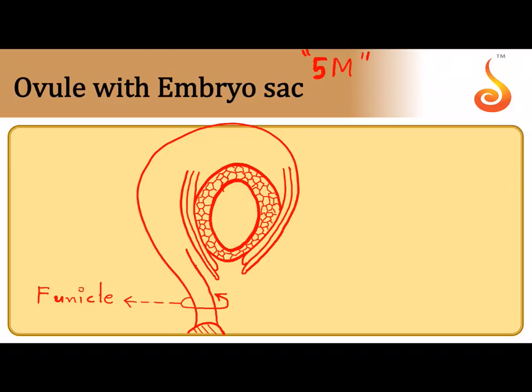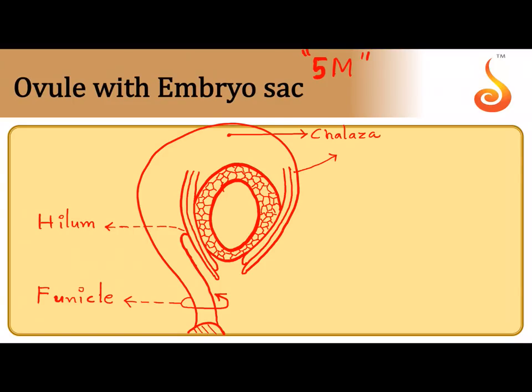Now the point where the funicle joins the body of the ovule, the junction between the funicle and the body, is the hilum. The base of the ovule, chalaza.